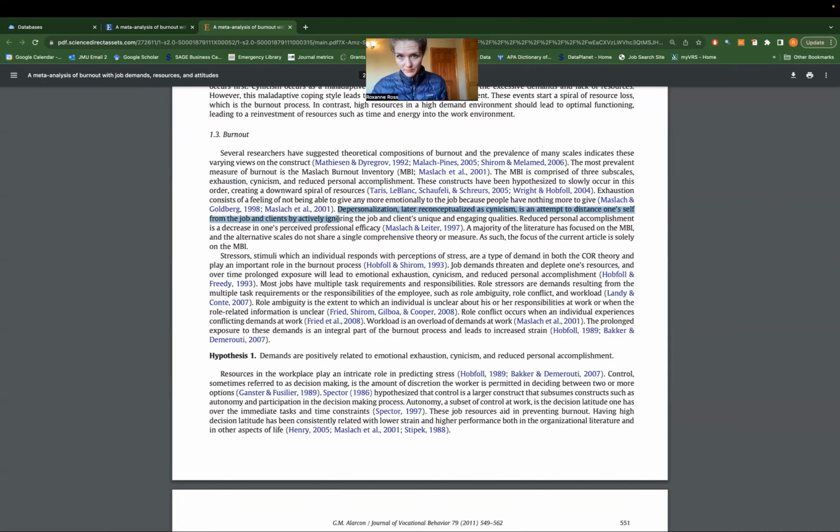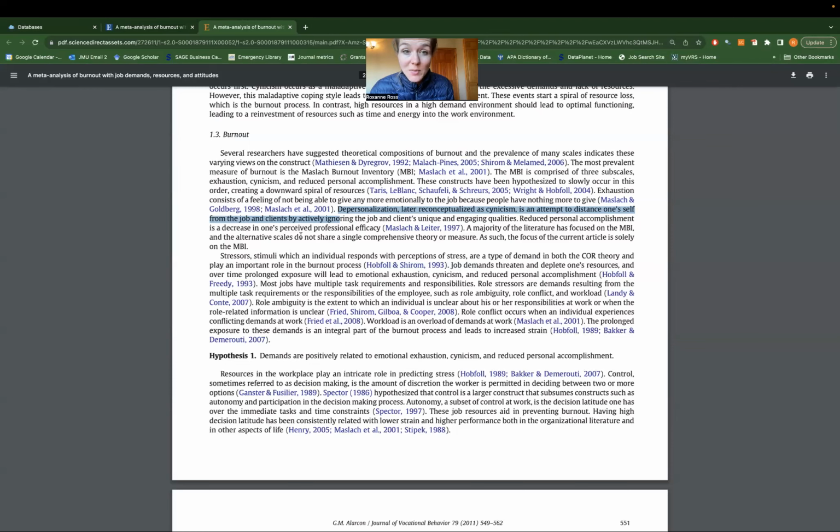Depersonalization, which is also called cynicism. That's helpful because when you're looking in your searches, you might see both. And it's good to know that there are interchangeable terms here. You can also use that in your search. So if you wanted to look at depersonalization or cynicism specifically in your search, you would use that OR operator to have both of those returned.